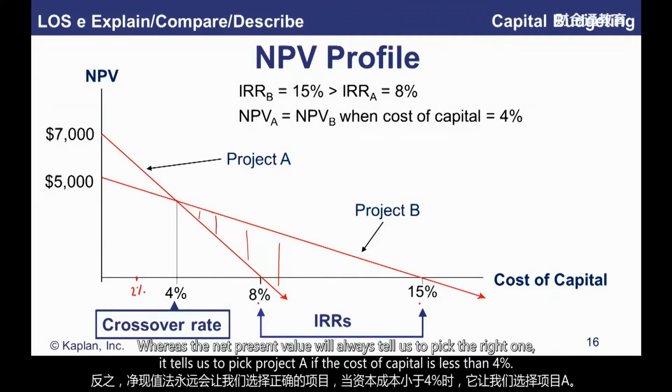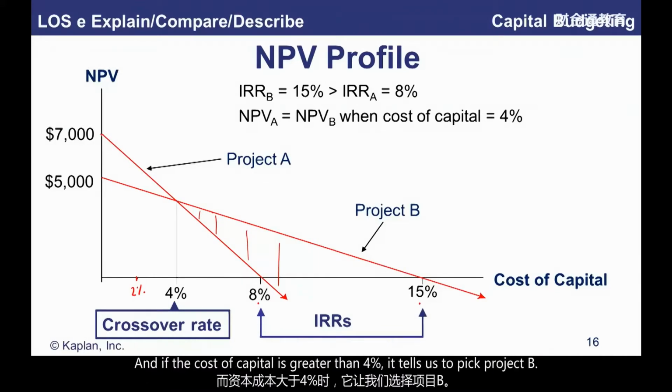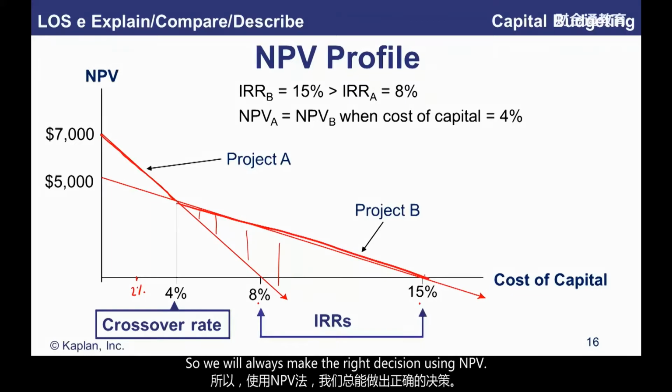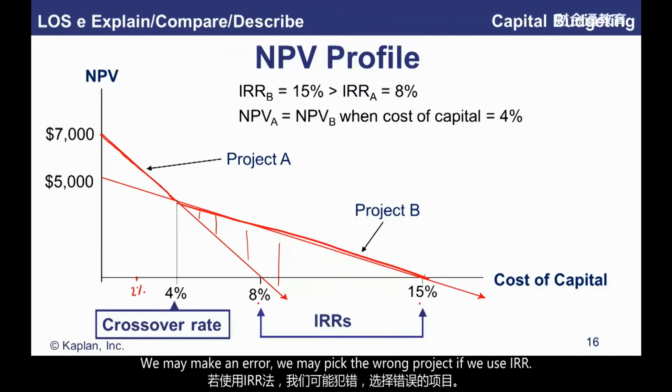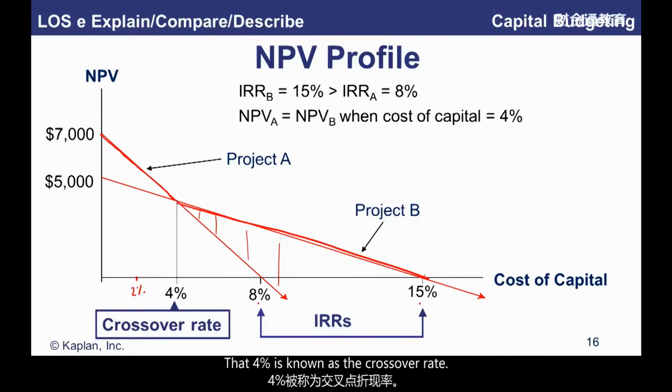It tells us to pick project A if the cost of capital is less than 4%, and if the cost of capital is greater than 4%, it tells us to pick project B. So we will always make the right decision using NPV. We may pick the wrong project if we use IRR. That 4% is known as the crossover rate.